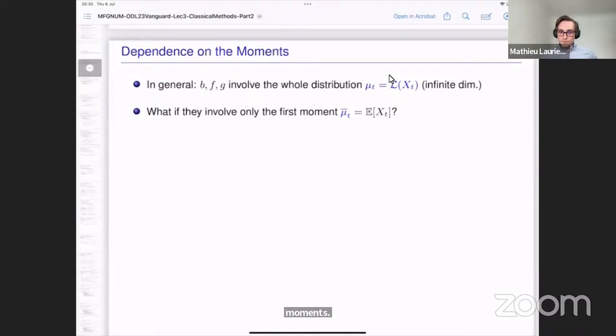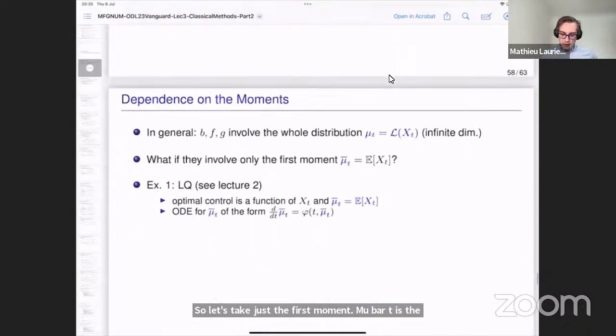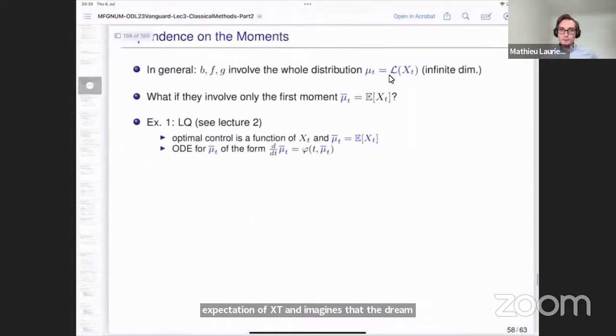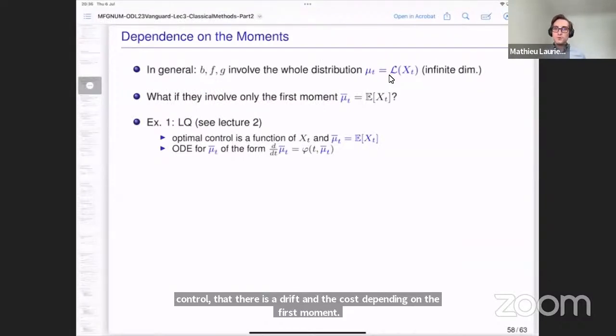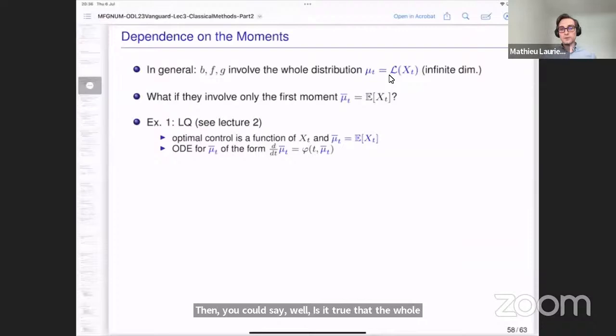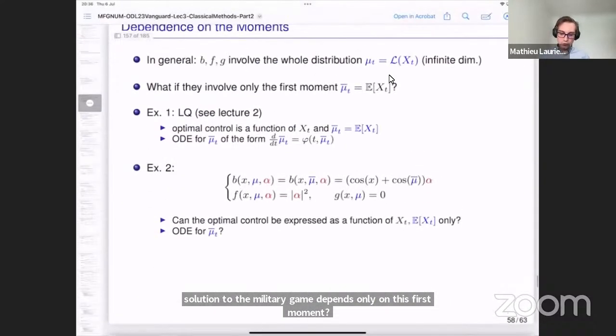Let's take just the first moment. Mu bar t is the expectation of X_t, and imagine that the drift, the control and the cost depend only on the first moment. Then you could say, is it true that the whole solution to the mean field game depends only on this first moment? We have seen in lecture 2 that this is the case for linear quadratic problems.